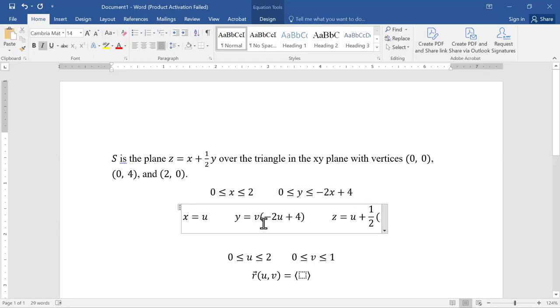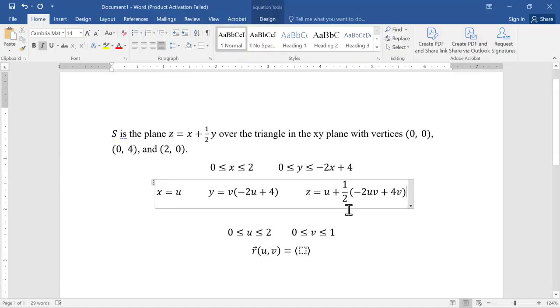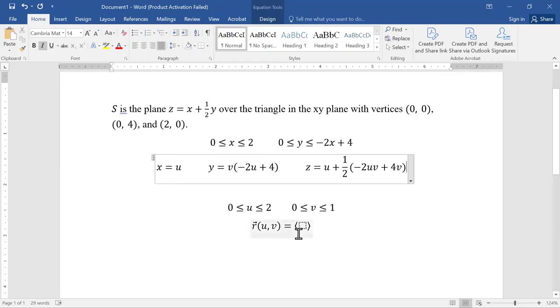Now y is negative 2uv plus 4v. I'll multiply that out in just a moment.